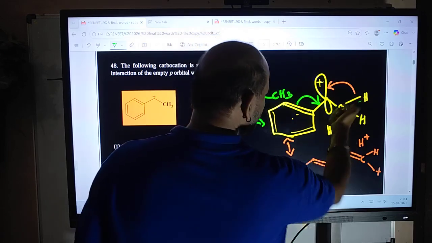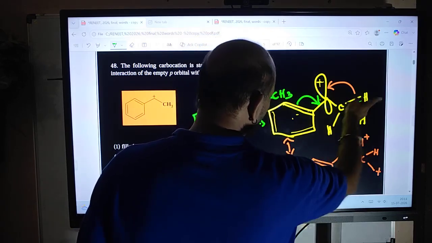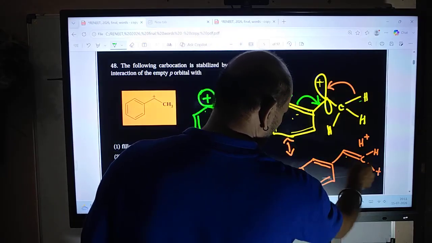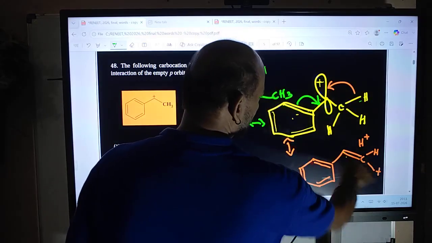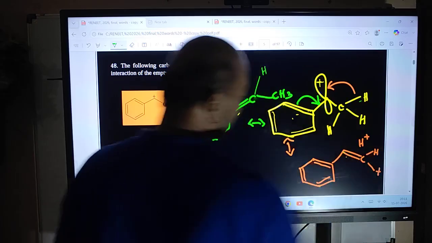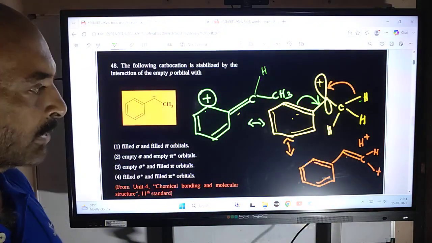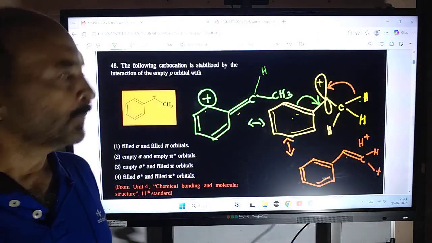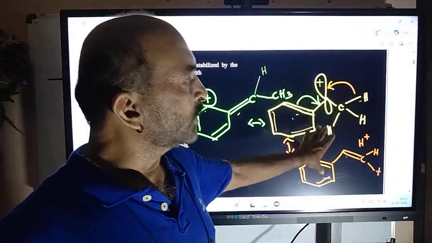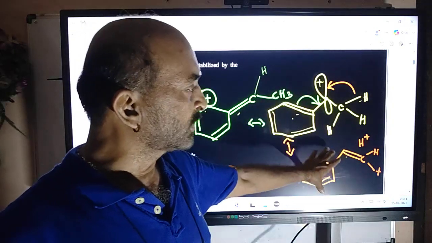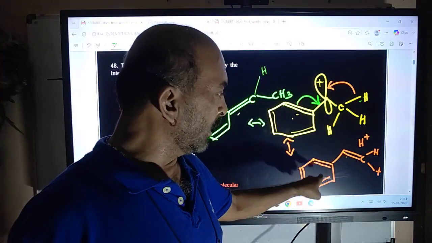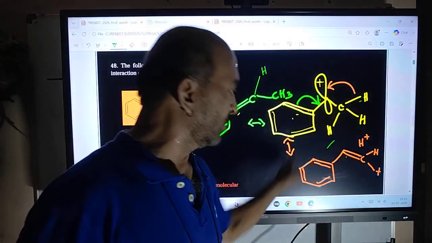How? One of the CH sigma bonds can be shifted over here so that a double bond comes here. And that H which lost the pair of electrons remains as an H plus in the vicinity. It is called hyperconjugation or sigma-pi conjugation. So the red line change is shown and the resulting structure is shown here.